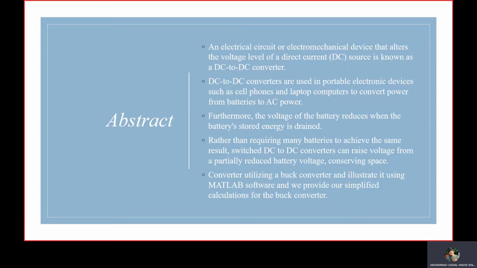Today I want to explain about the abstract for our mini project. An electrical circuit or electromechanical device that alters the voltage level of a direct current DC source is known as a DC to DC converter.